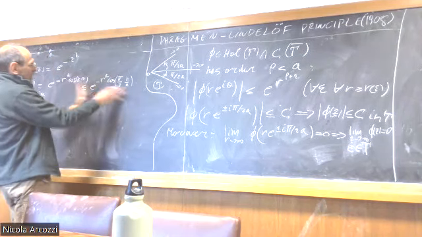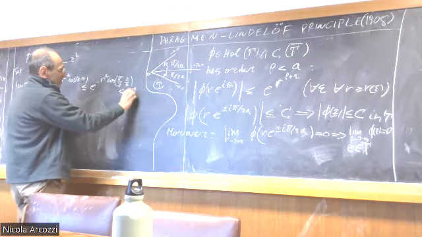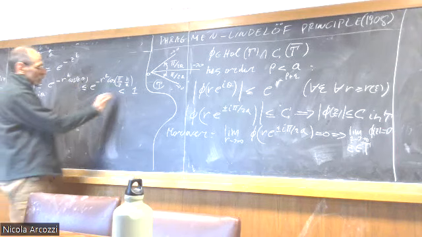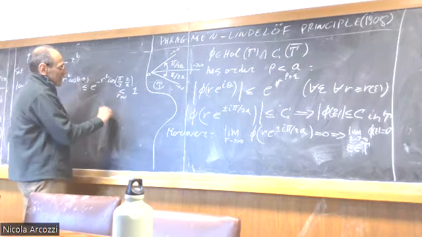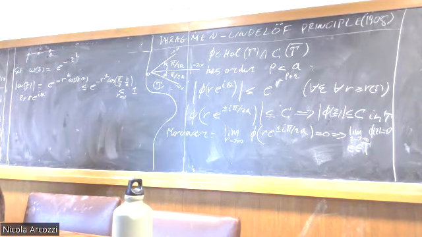So this is a constant which is typically less than 1, if r is bigger than 0.